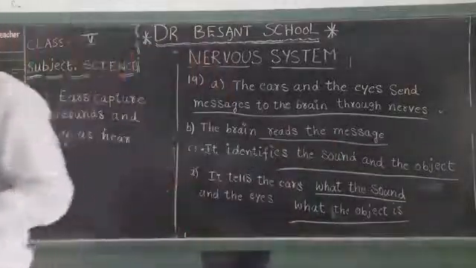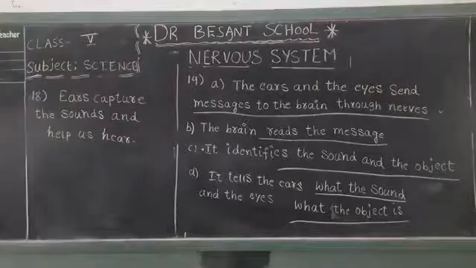Okay. Now we move to the last question, the 20th question. You can see, children. Name the sense organ other than the eyes that is used to identify the following.